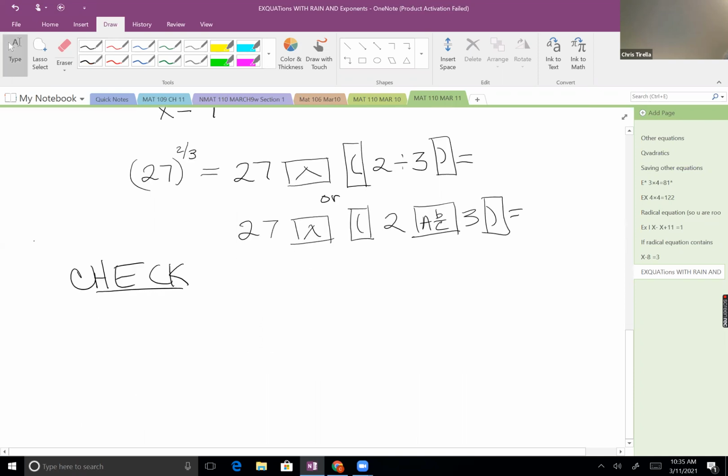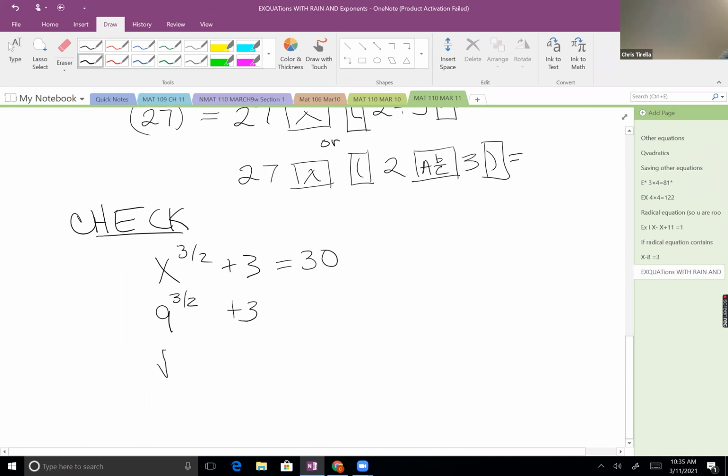So checking x to the 3/2 plus 3 has to equal 30. So if I take 9 to the 3/2 plus 3, well, 9 to the 3/2 is the square root of 9 cubed. So that's 3 cubed or 27 plus 3 equals 30, and it checks.